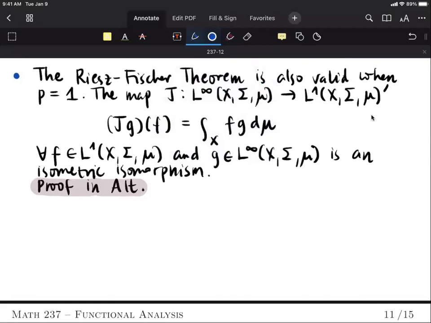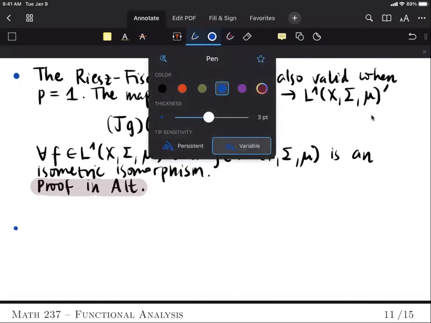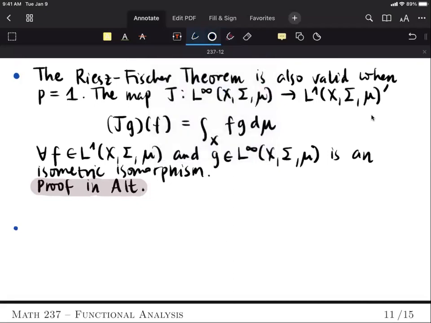Now, how about the other extreme case? That is when p is equal to infinity. Well, the dual of L infinity is somewhat complicated.